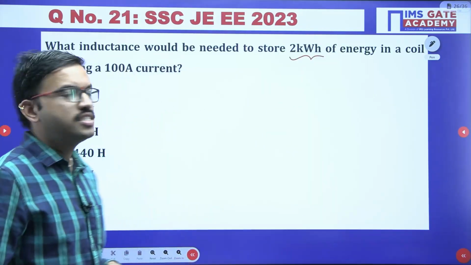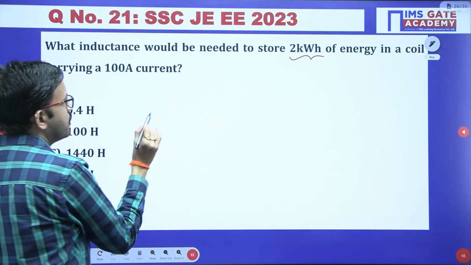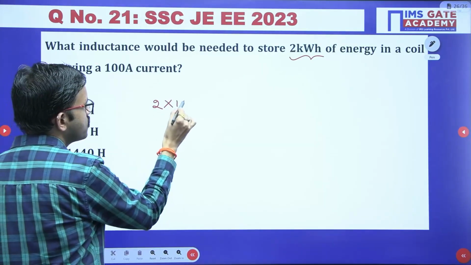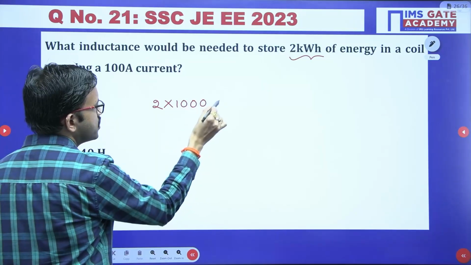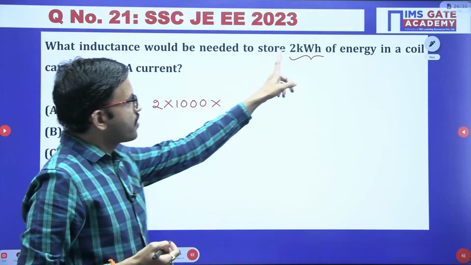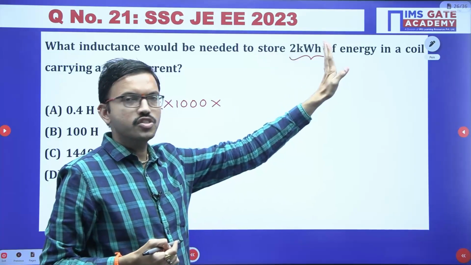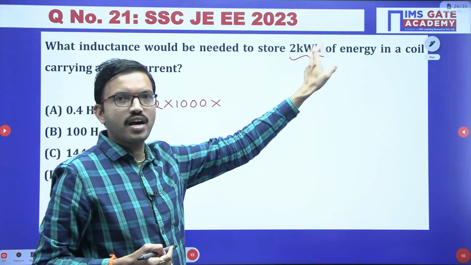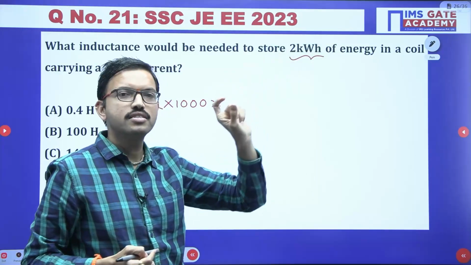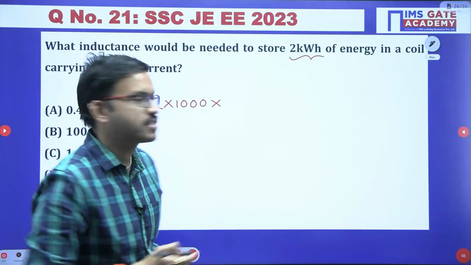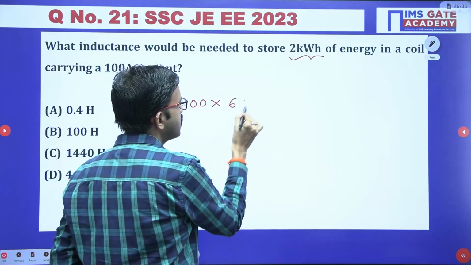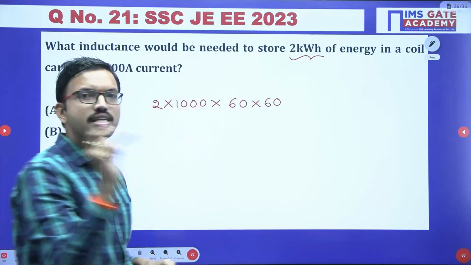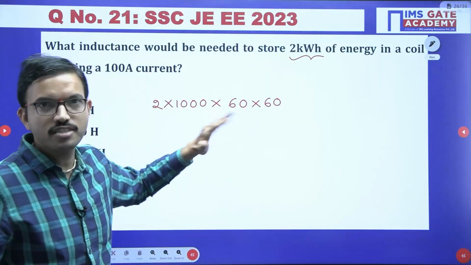First of all, I am representing the energy as 2 kilo, kilo means 1000, watt, a normal unit regarding power, and then hour. Hour is nothing but 60 minutes, and 1 minute is nothing but 60 seconds. This is the most interesting and important thing in this question. That is the only twist.